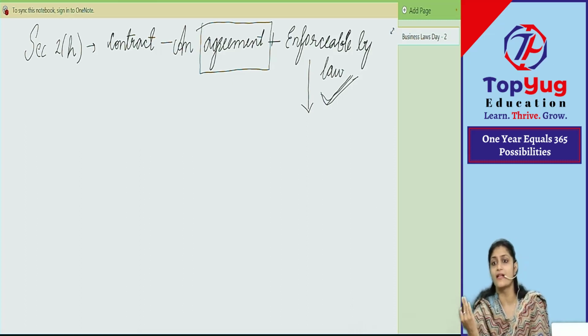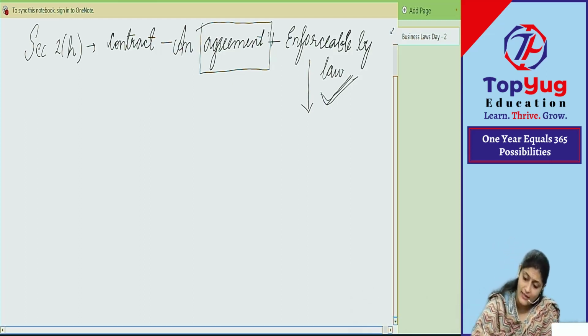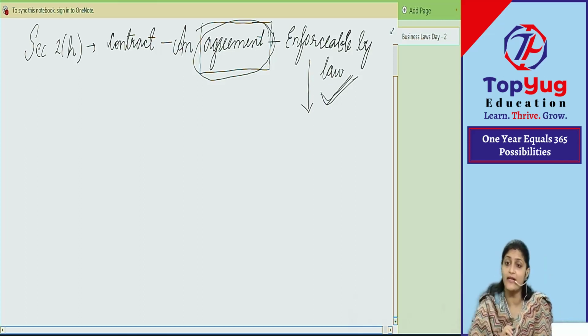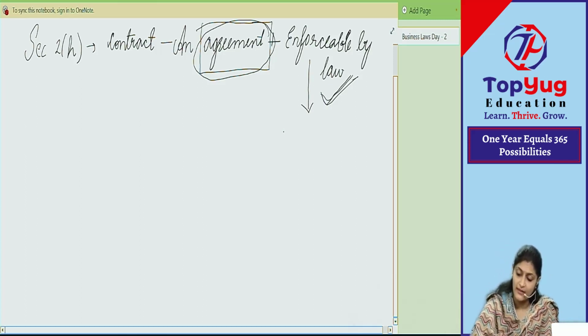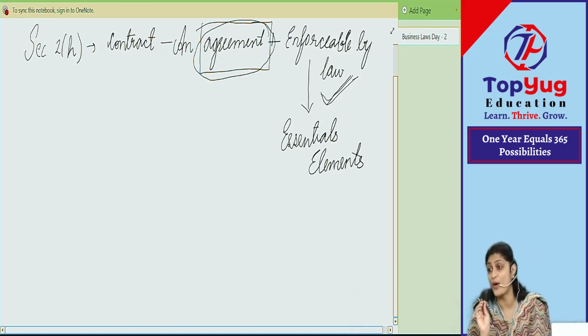Those agreements where you don't have the support of law, that means they are not enforceable by law, that is only an agreement, but not a contract. Okay, so say you have entered into an agreement. In this agreement there are some essential elements which are required to be present.